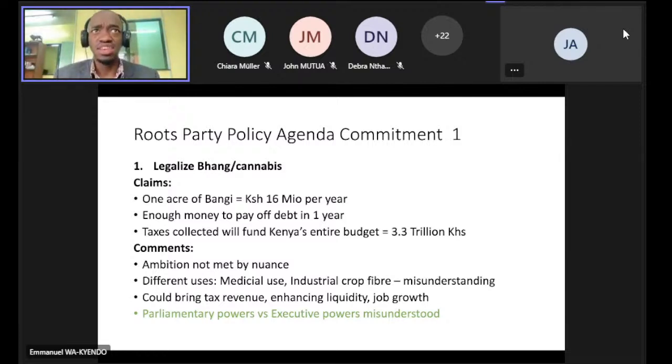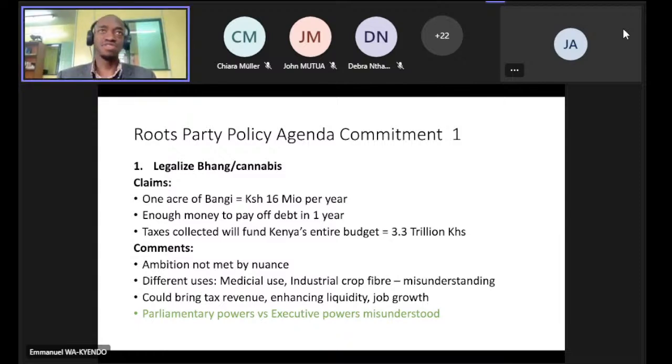His first intention is that the sales of this plant may raise enough tax revenues to actually start to offset the onerous debt that the Republic of Kenya currently owes.